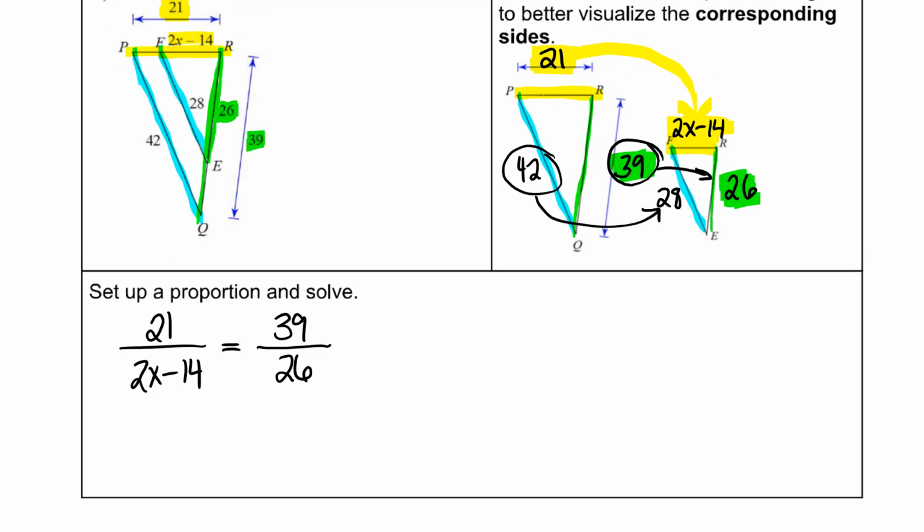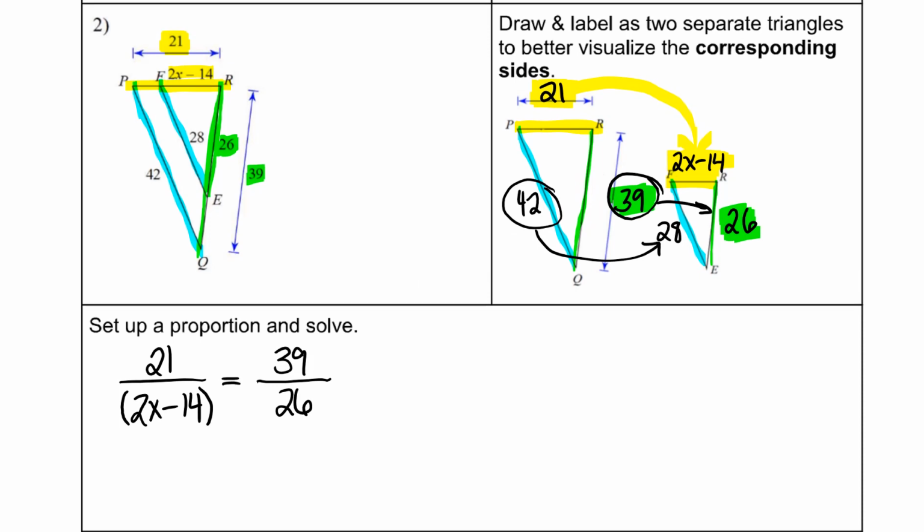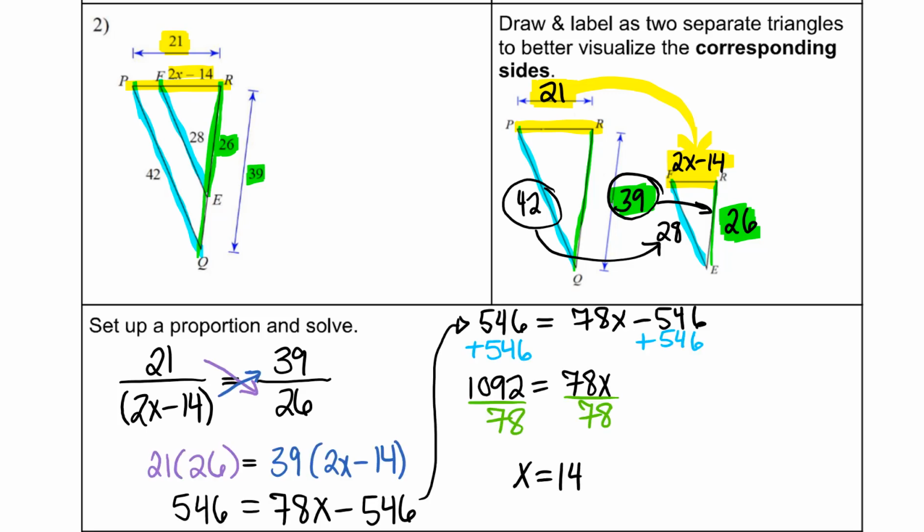All right, before I cross multiply, I see a group, 2x minus 14. So I need to put parentheses around that to remind myself that I will need to distribute when I cross multiply. Go ahead and solve this proportion for x, and then click Continue to check your work. And the correct answer is x equals 14.